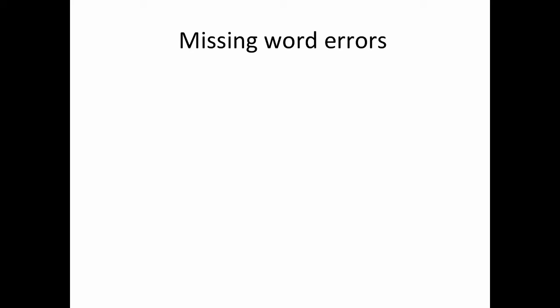Next one is errors about missing word. For example, it's a part of a sentence. 一男孩. 一 is a number. 男孩 is a noun, means 男孩子.